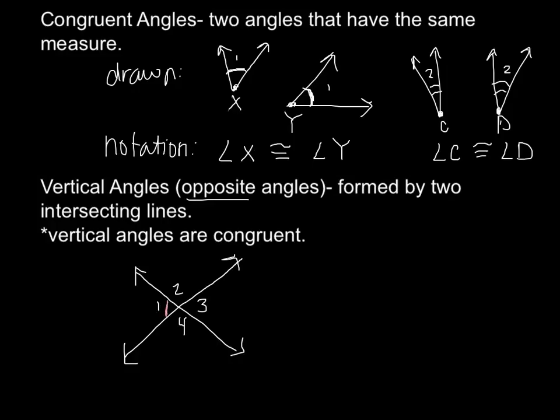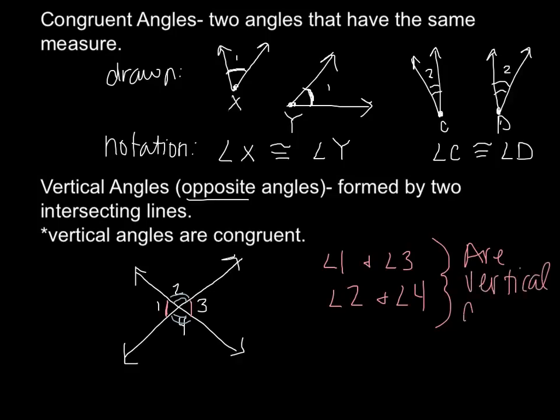So if I look at this side and this side, I know that angle 1 and angle 3 are vertical angles. And for this one we can put two lines and two lines, because angles 2 and 4 are vertical angles, and so they are congruent.